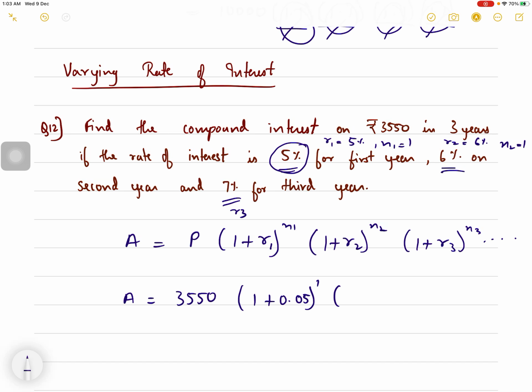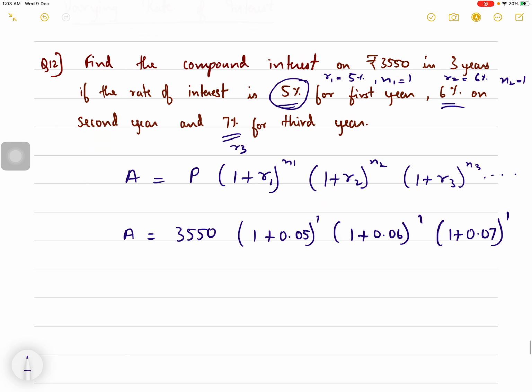Second year it is 6%, so 1 plus 0.06, again raised to 1, because N2 is also 1. And 1 plus R3 raised to N3, so 1 plus 0.07, because third year it is 7%, raised to 1. So amount is equal to 3,550 into 1.05 multiplied by 1.06 multiplied by 1.07.